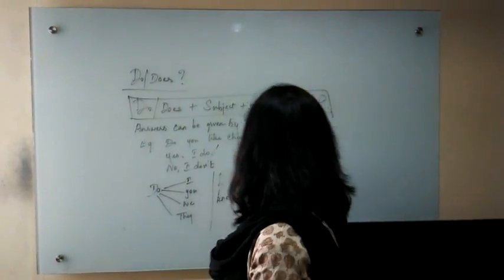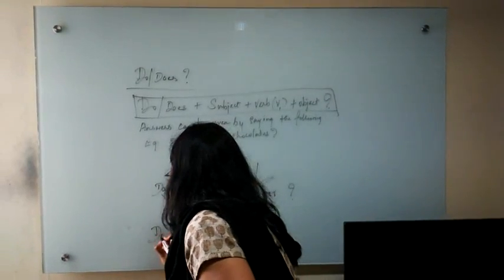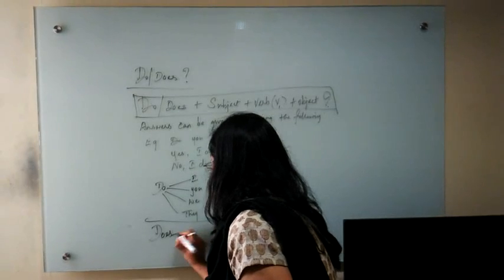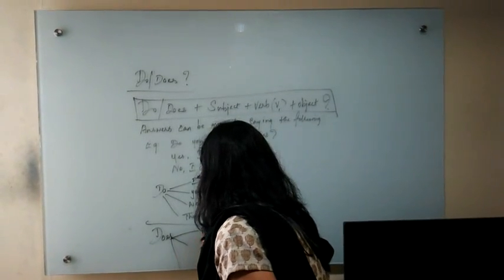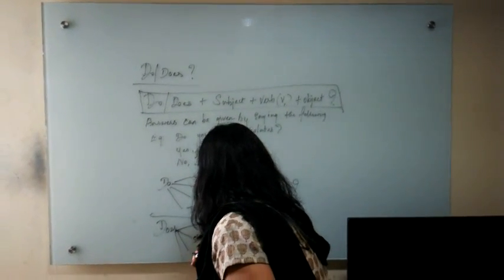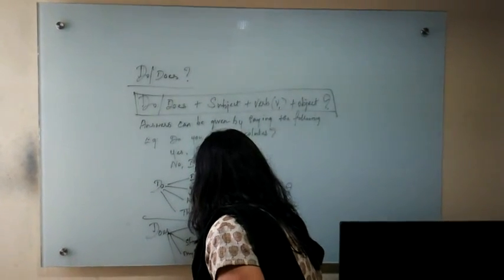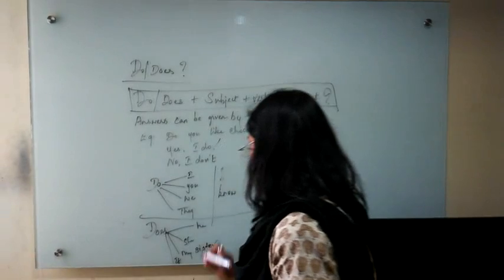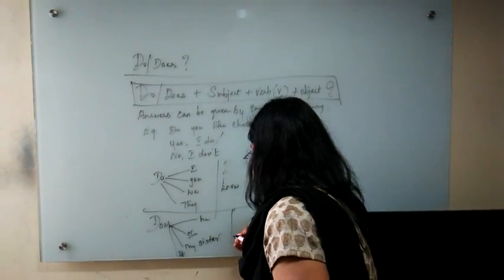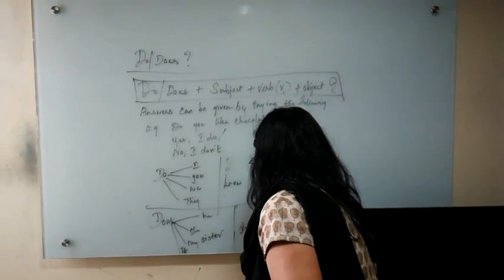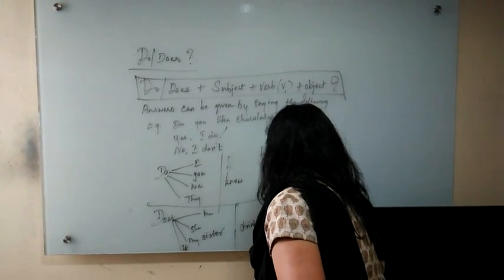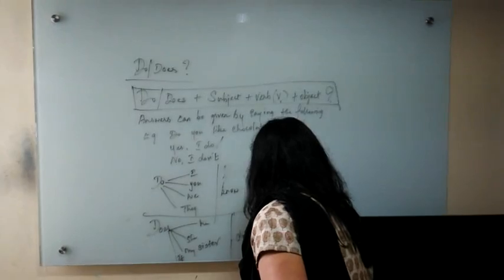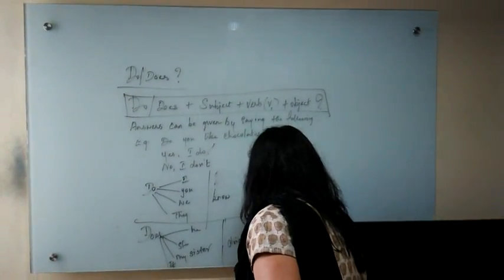Now when you're using does, you can say he, she, my sister, it. Does he drink water? You can put it as, does he drink milk?